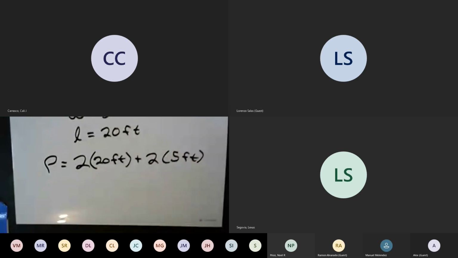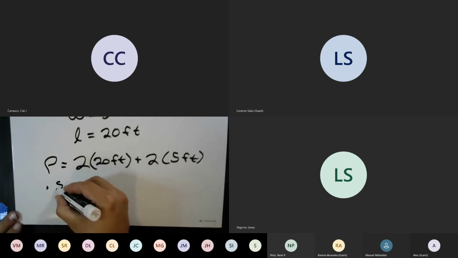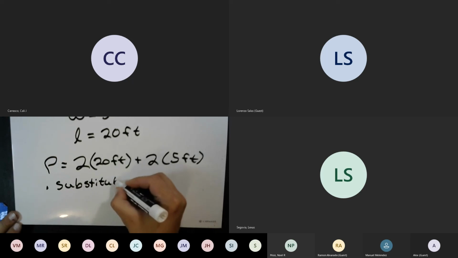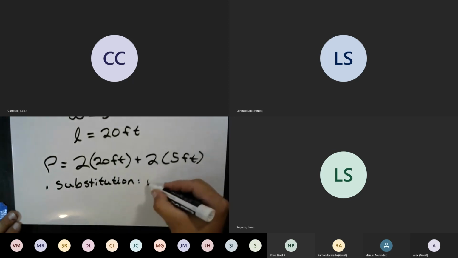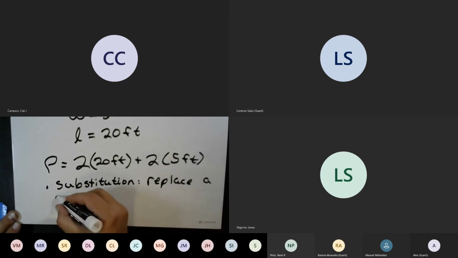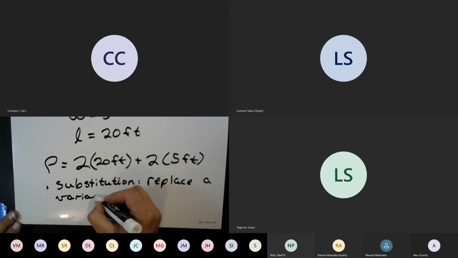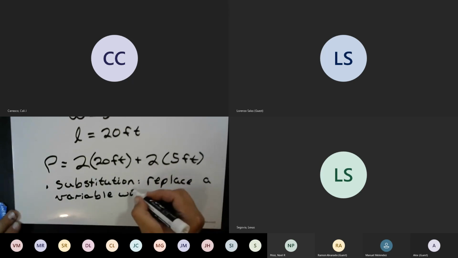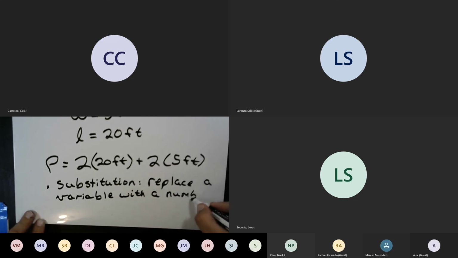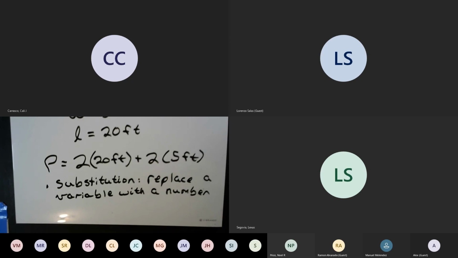We talked a little bit about this before with algebraic expressions, but just to bring it back, substitution is when we replace a variable with a number.